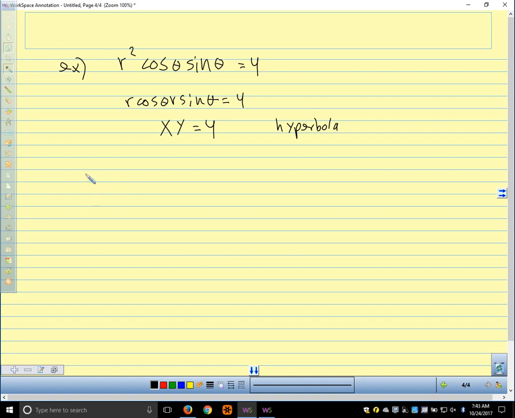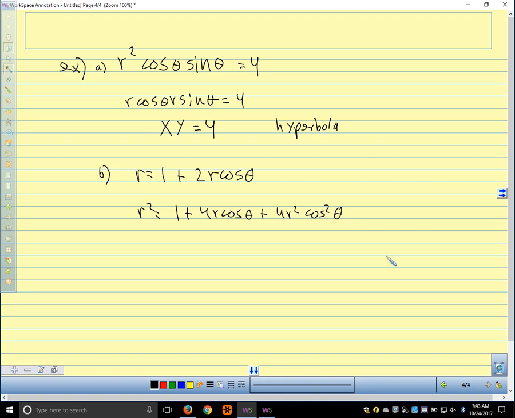How about r equals 1 plus 2 cosine theta. Well, we could substitute x, but let's square both sides. Let's get an r squared, because r squared is x squared plus y squared. So r squared equals, when I square this, 1 plus 4r cosine theta plus 4r squared cosine squared theta.